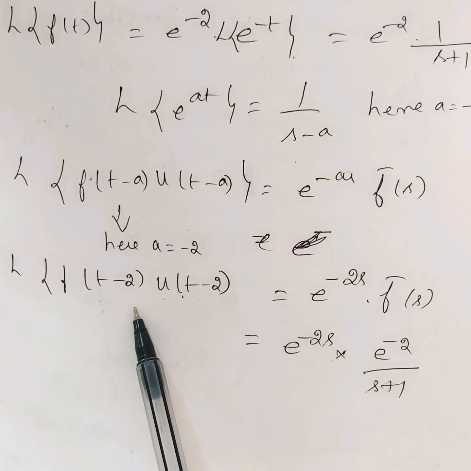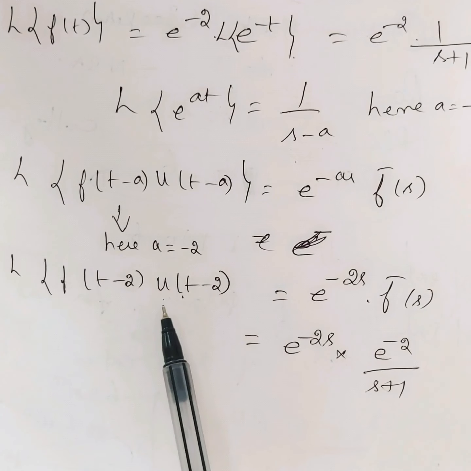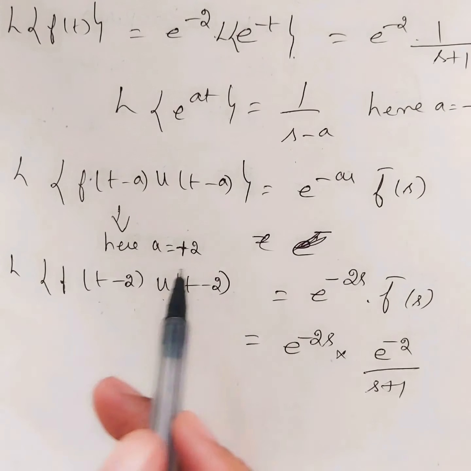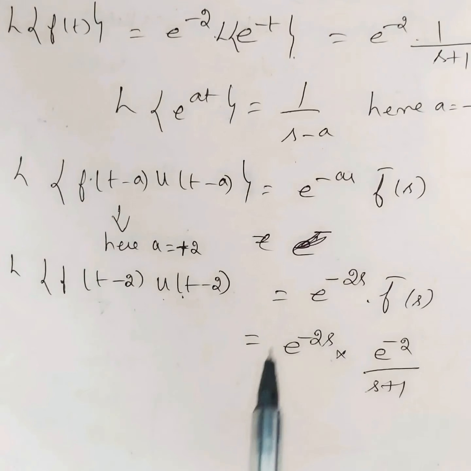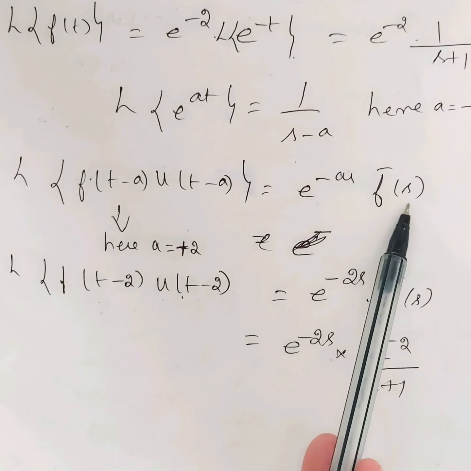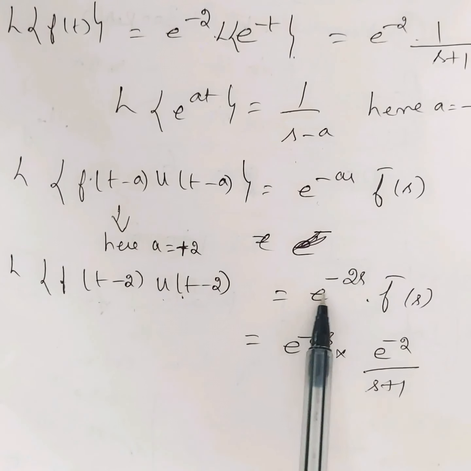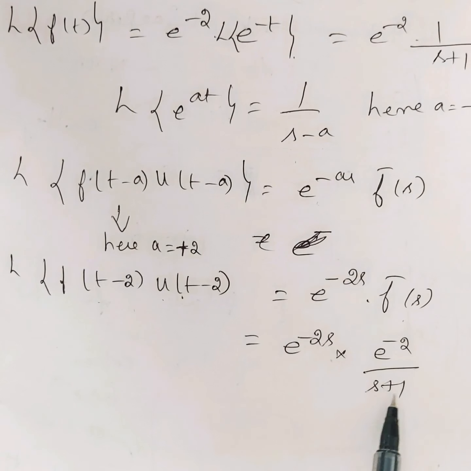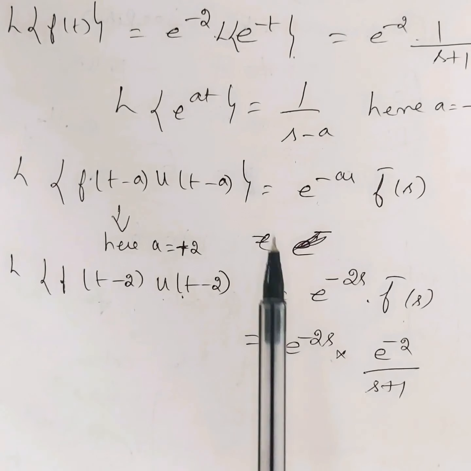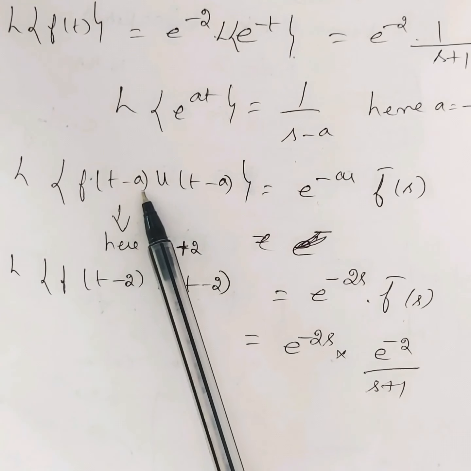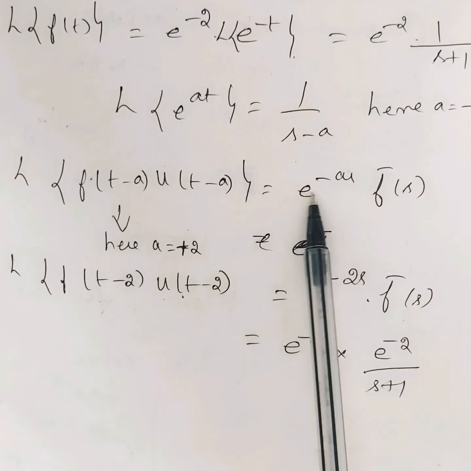What is a? a is 2, correct? Yes. So a is plus 2. So e power minus as into f bar of s. So e power minus 2s into f bar of s, we have written this. So don't get confused with this a and this a. You write down the general formula and just compare. In the general, this is the formula.